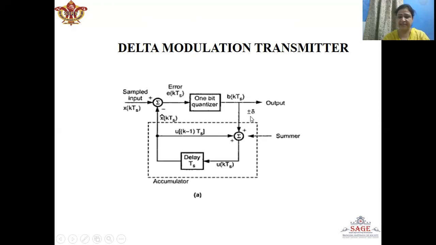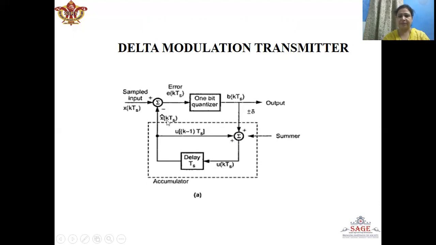When b(kTs) is minus delta, the output will be encoded as bit 0 and transmitted. Now, when plus delta or minus delta is generated, this amount will be added to the previous sample approximation to generate the present sample approximation, which is u(kTs).